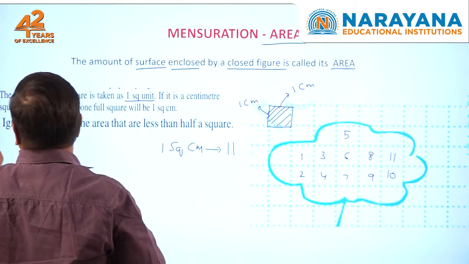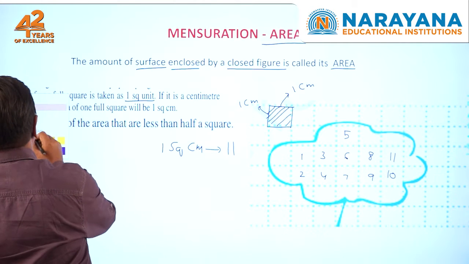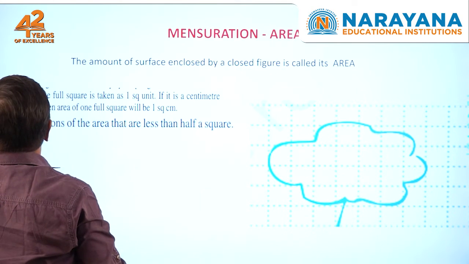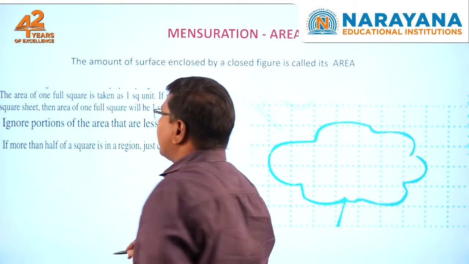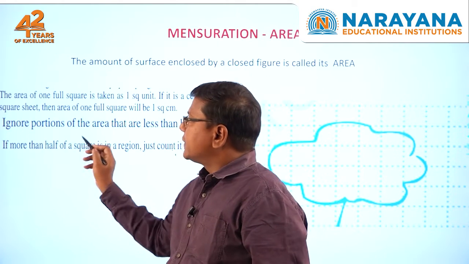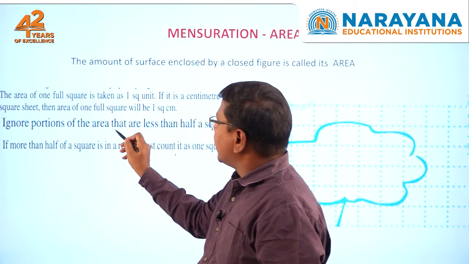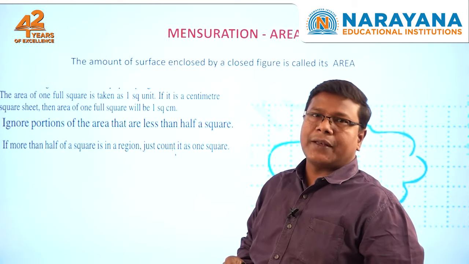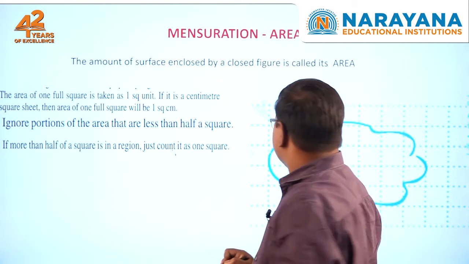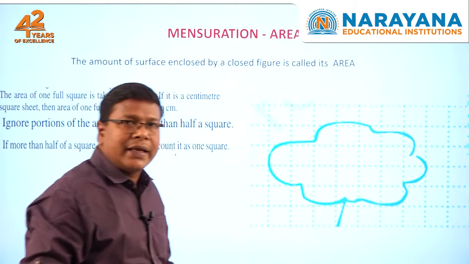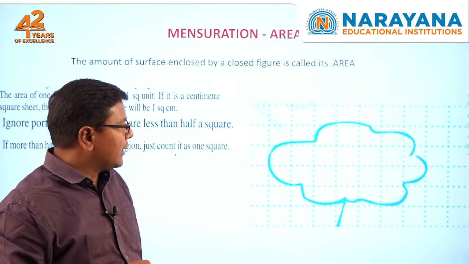Coming to the second rule: ignore the portions of the area that are less than half the square. The portions which are less than half a square unit, we need to ignore.